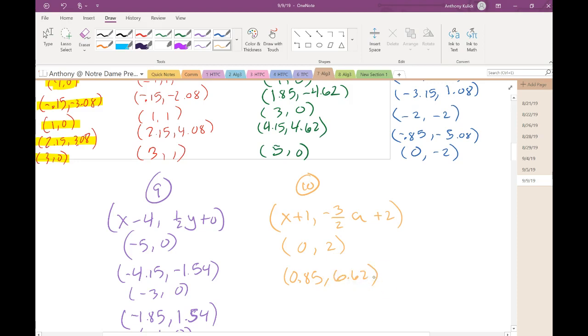When I plug in 1, 0, I get 2, 2. And when I plug in 2.15, 3.08, I have 3.125, comma, and that's 4.60, so -2.62.